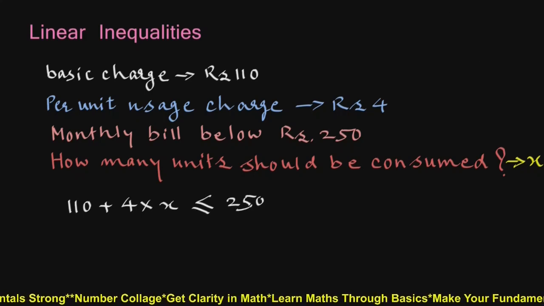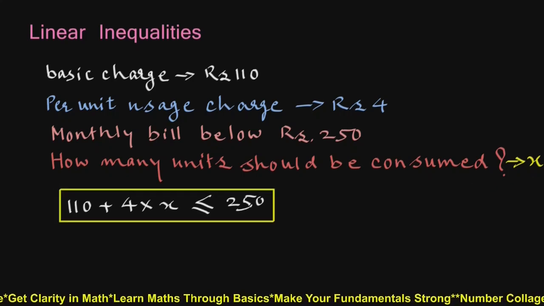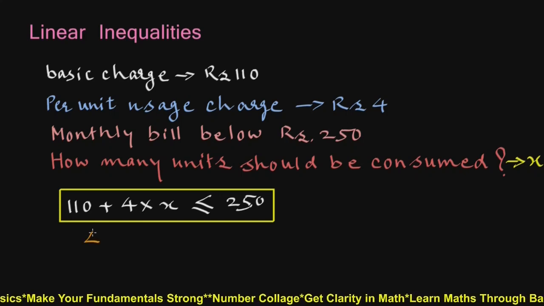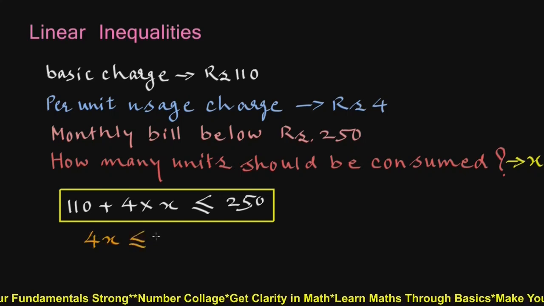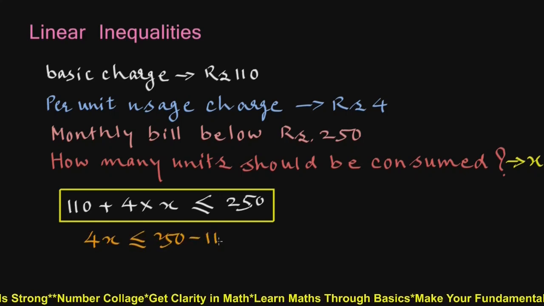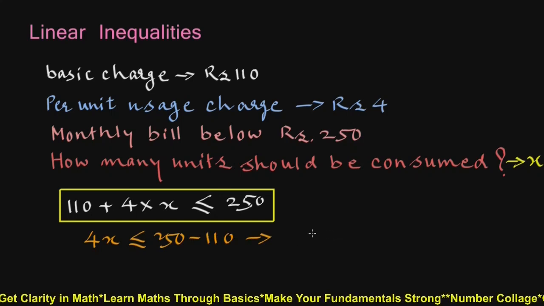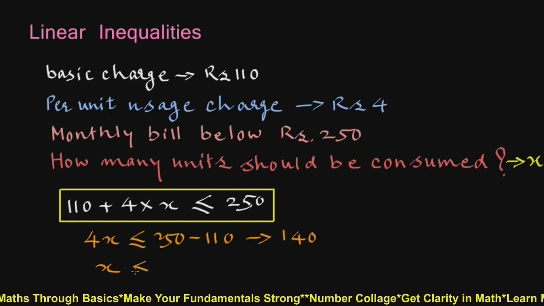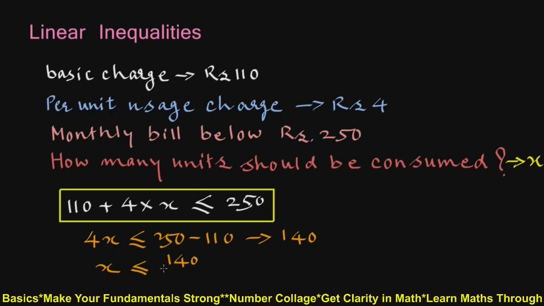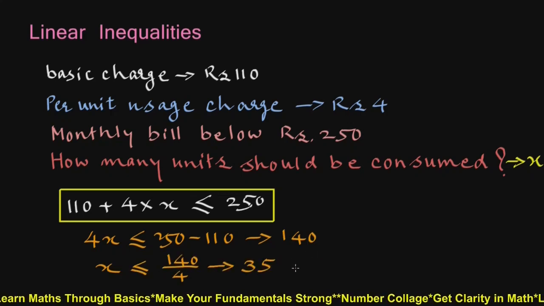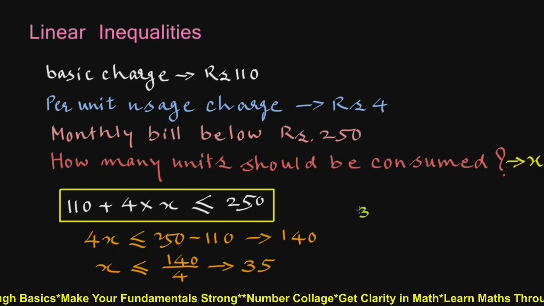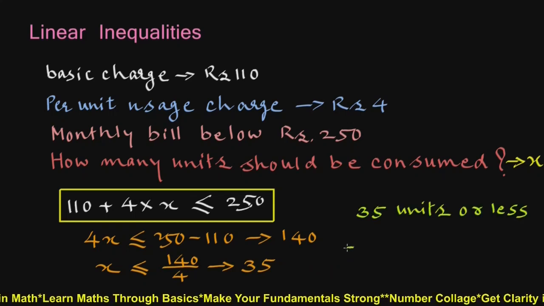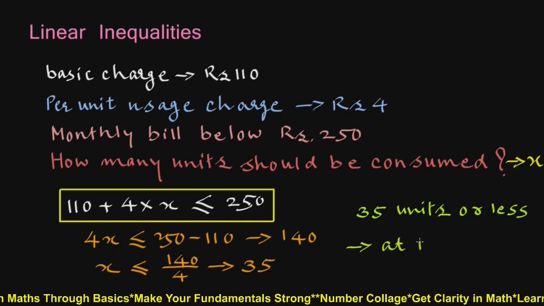So this is the inequality that we have obtained. We will solve this. We have 4x less than or equal to 250 minus 110, which is 140, and that gives x less than or equal to 140 upon 4, 35. So we have to consume 35 units or less to control the monthly bill at rupees 250.